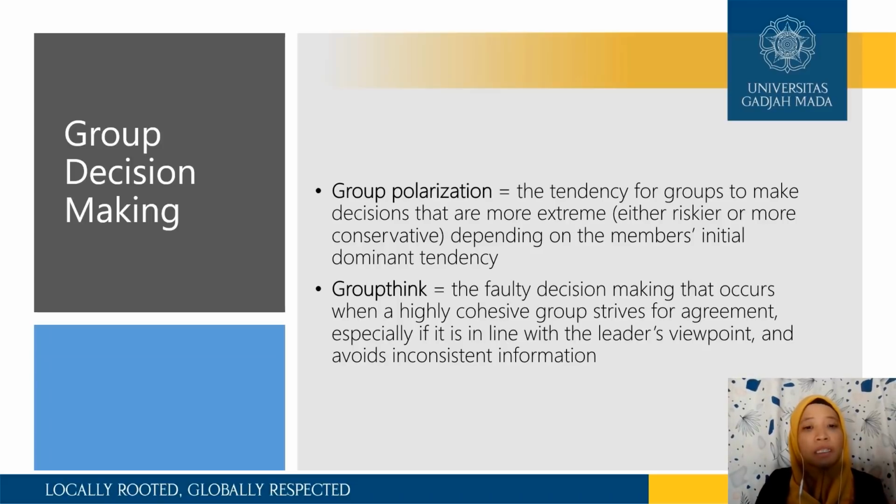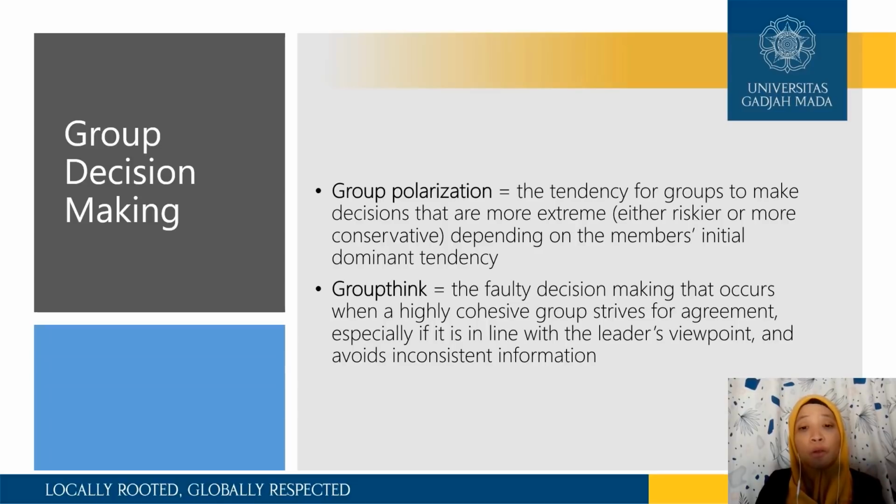Another phenomenon is groupthink. This is the faulty decision making that occurs when a highly cohesive group strives for agreement, especially if it is in line with the leader's viewpoint, and avoids inconsistent information. Usually the group would follow a very charismatic and strong leader, especially when they are a very cohesive group, like a family group, with a dominant group member, and then we just follow whatever the leader says.